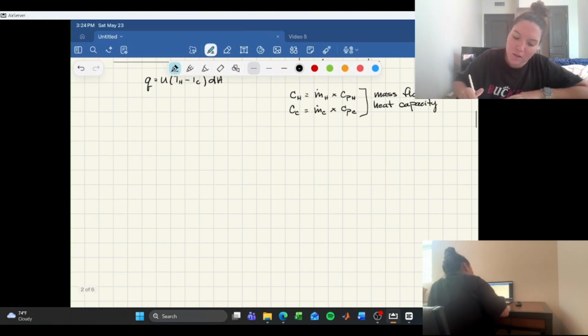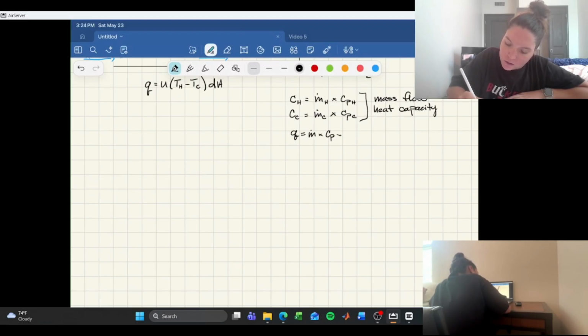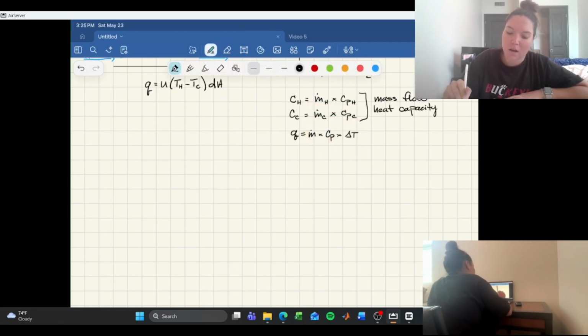Okay, and so then we can relate this to the heat transfer, because we know that Q is equal to m C delta T, which is the mass flow rate times the heat capacity times the change in temperature. And then this is going to be the same as these terms here. So we can write an equation for the hot stream and the cold stream.